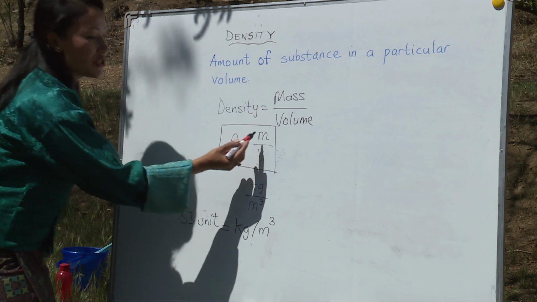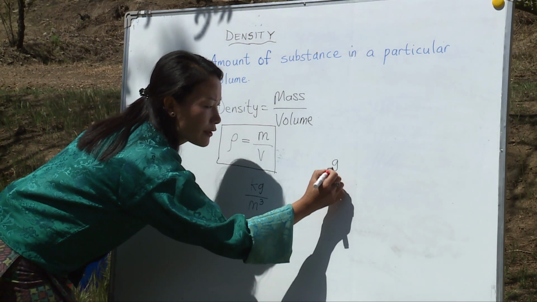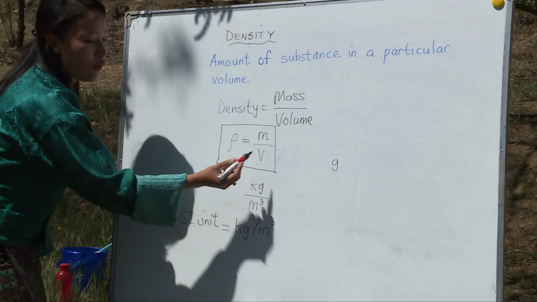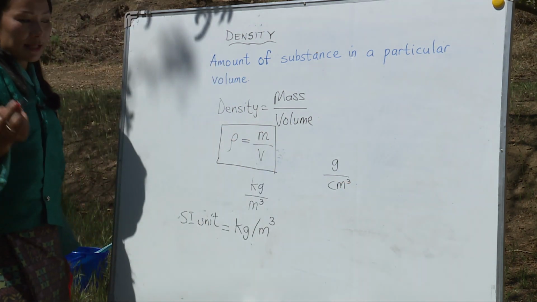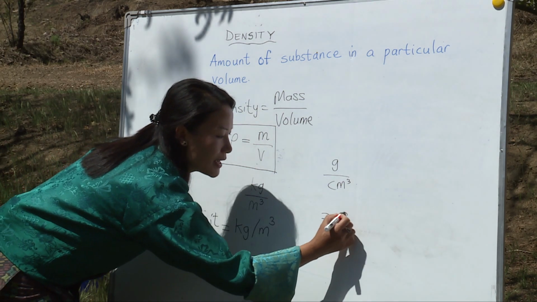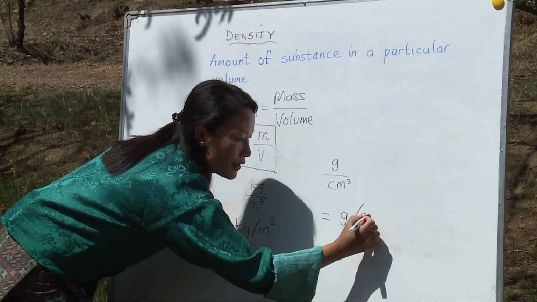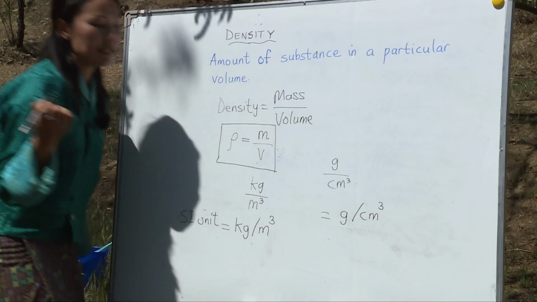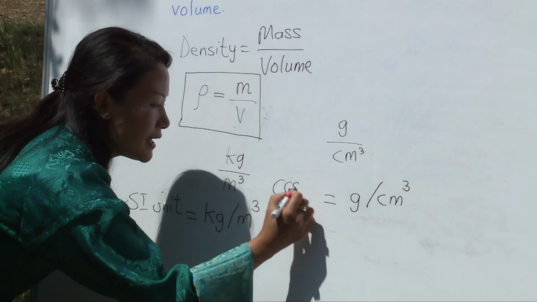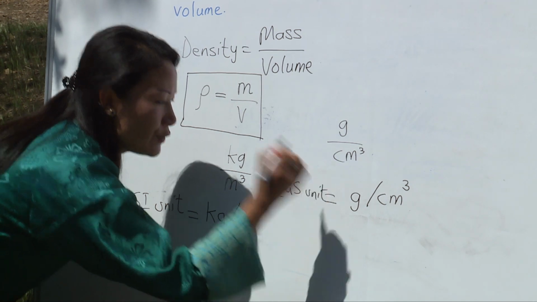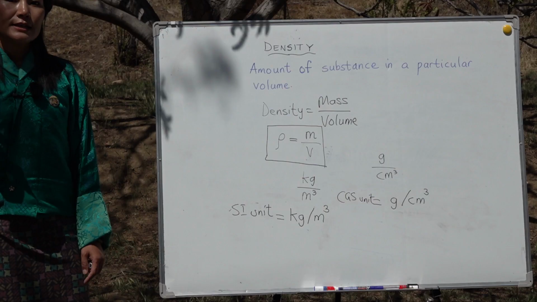Likewise, if you measure the mass in gram and volume in cubic centimeter, then we get the unit as gram per cubic centimeter, which is the CGS unit for density.